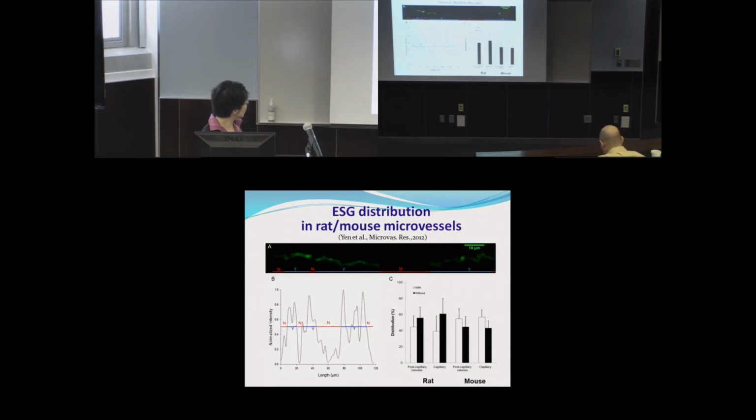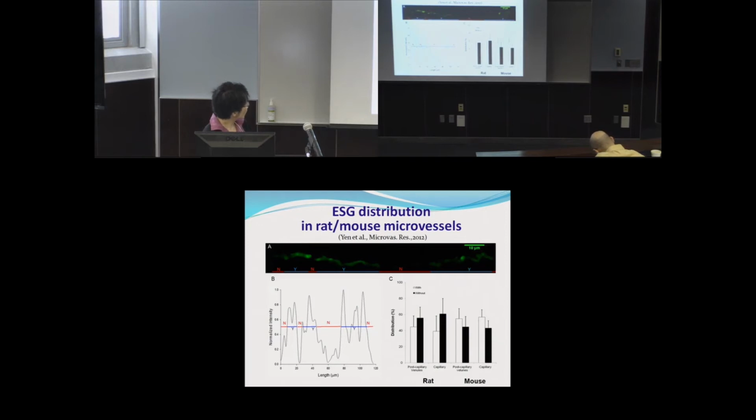If the average normalized intensity in this segment is less than 0.2, we define the surface glycocalyx as negligible. If it's about 0.5, it's a Y segment, and we see significant surface glycocalyx.